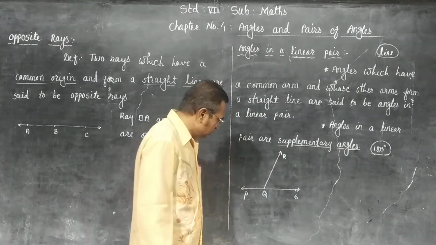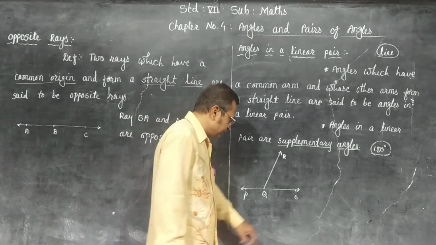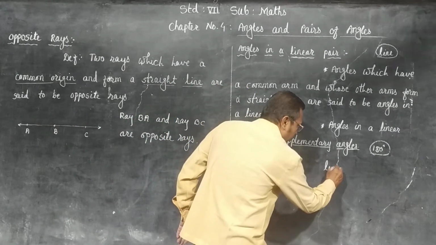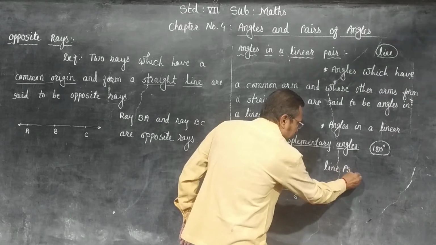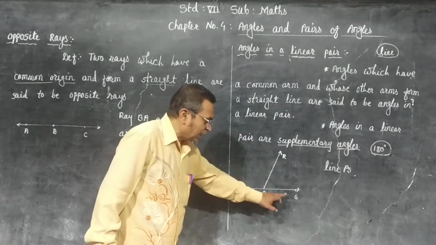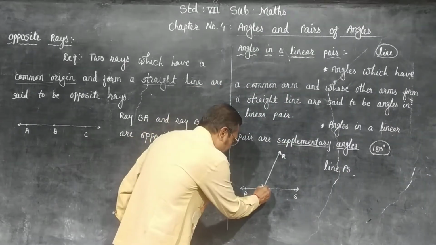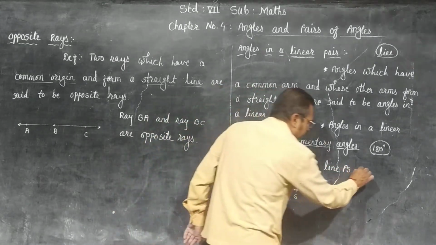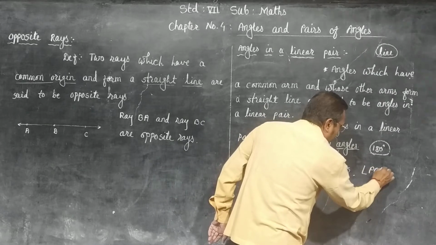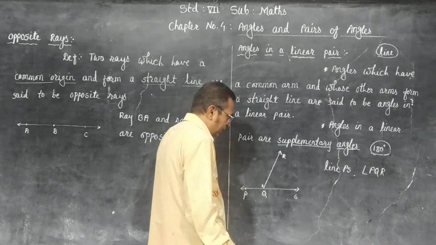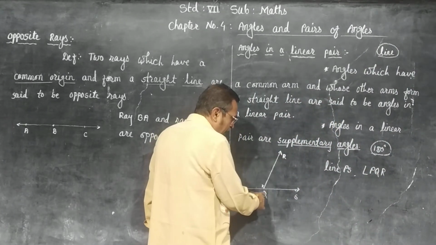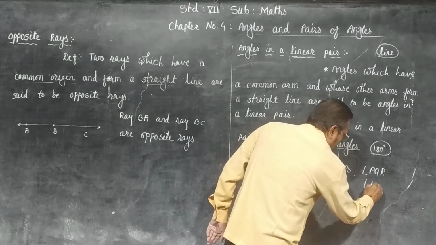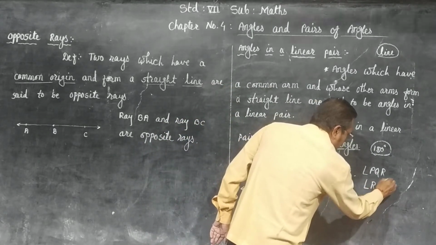Now look here, line PS is given. On this line, two angles are formed. First angle, angle PQR, and second angle, angle RQS.